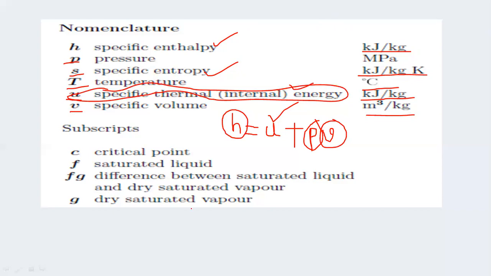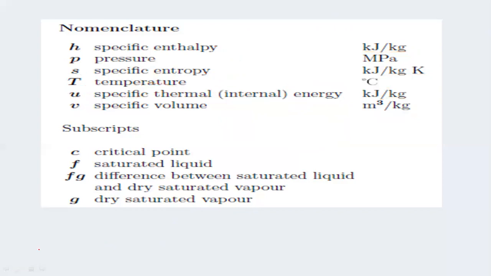Then apart from this, a very important thing is, for all these properties we have some subscripts. Already we have discussed the subscripts in your theory classes, so I will brief you once more. Whenever the formation of steam occurs, we know that it gets transformed from the fluid phase to the vapor phase.